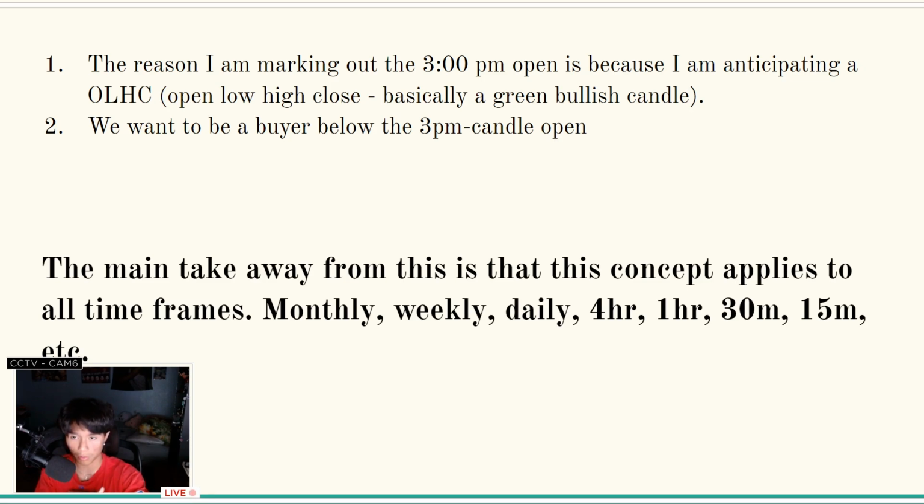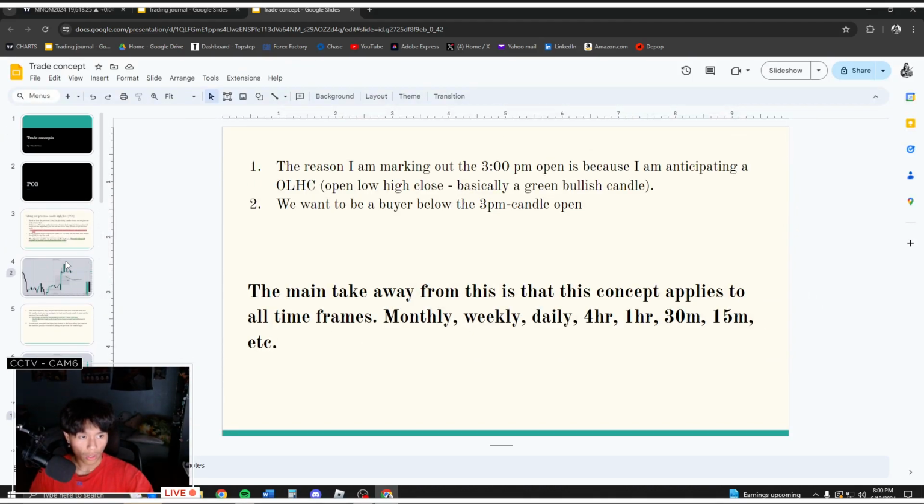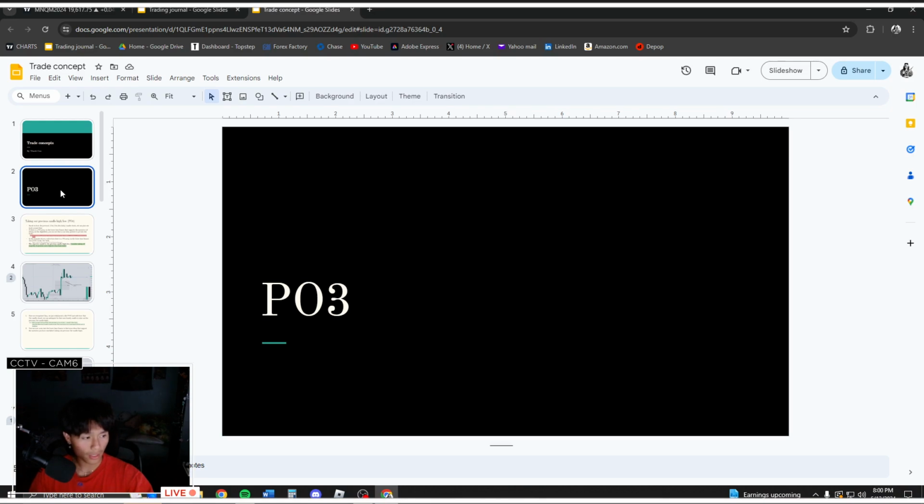I want to be part of the low and then ride it up to the high. The main takeaway from this is that this concept applies to all time frames. Like stated before, it applies to the monthly, the weekly, the daily, the 4-hour, the 1-hour, the 30-minute, the 15-minute, 5-minute, etc. And that is basically all I have for the Power of 3 concept for today.